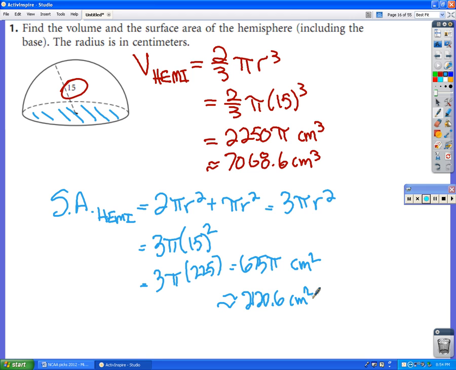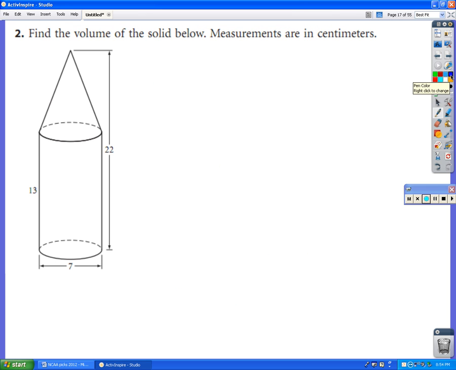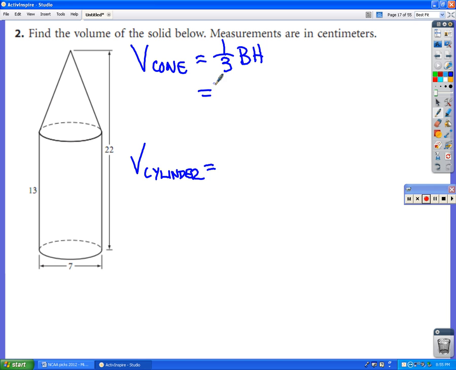All right, next one, then we need to find the volume of this composite figure. This means we're going to have to find the volume of the cone that's on top, and add on to that the volume of the cylinder that's on the bottom. So the volume formula for a cone is 1/3 the area of the base times the height. In this case, since it's a cone, the radius of this is 3.5.